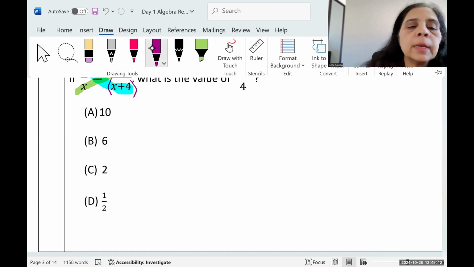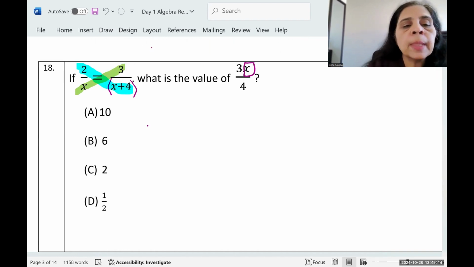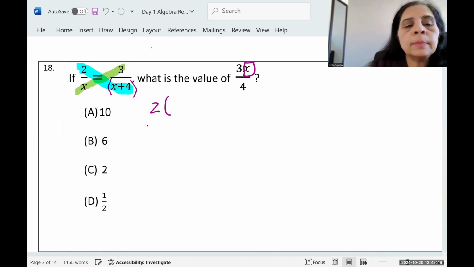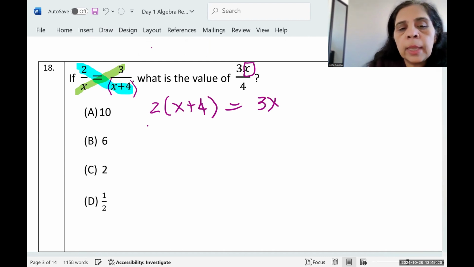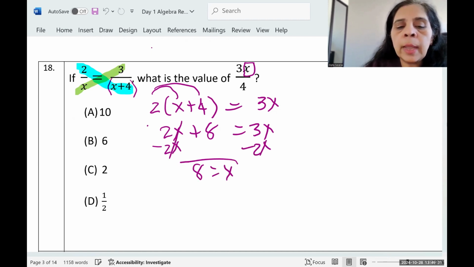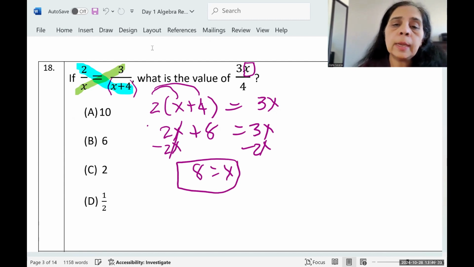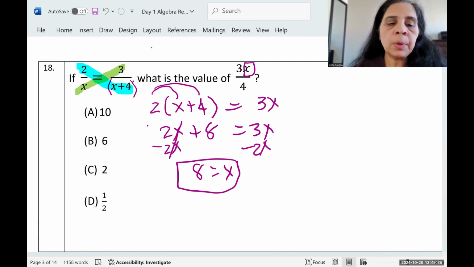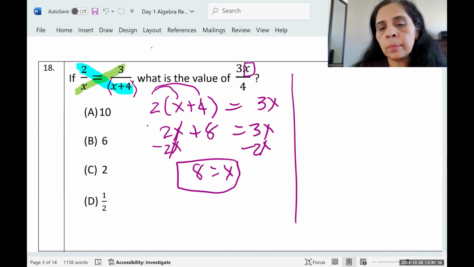So let's write the equation from here. We can see 2 times x plus 4 equals 3x. Then we can use the distributive property, and then subtract 2x on both sides. So 8 equals x. Now remember we need to plug in.